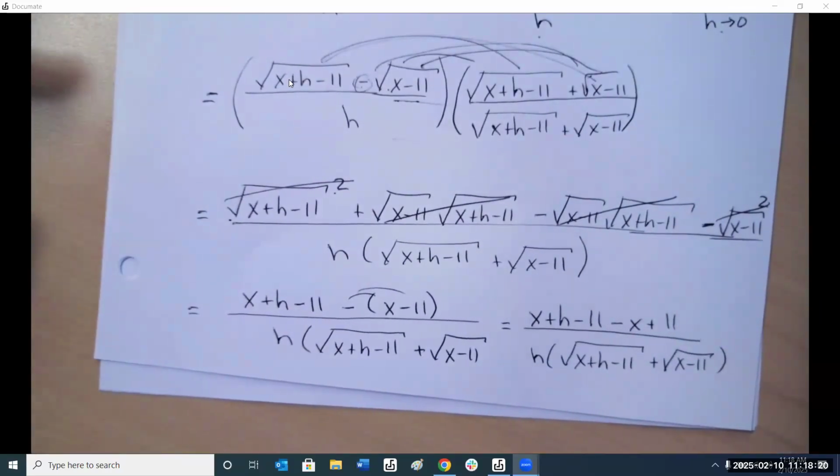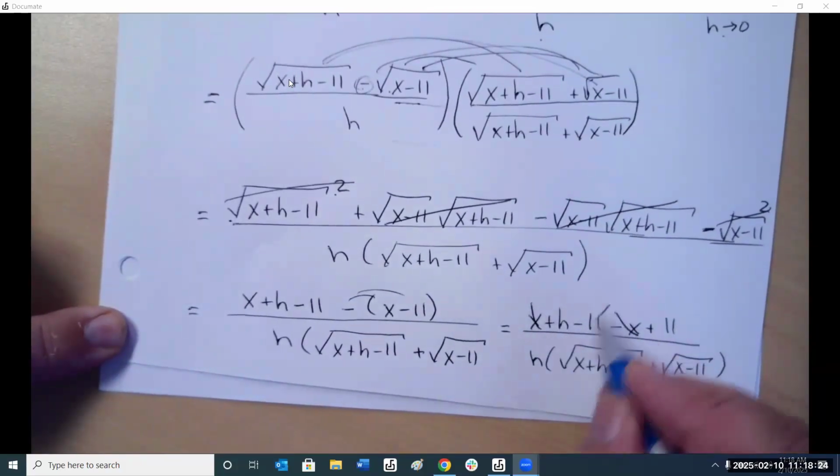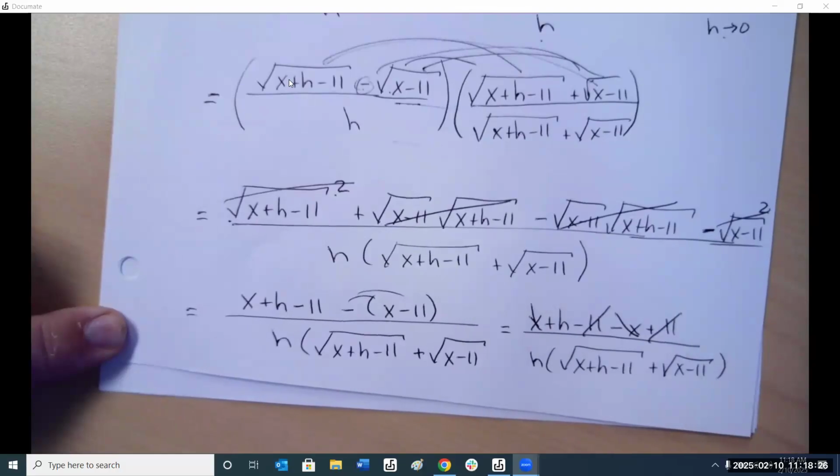Once you get rid of parentheses, combine like terms. So the x's cancel, the 11's cancel. So we just have h on top over that.